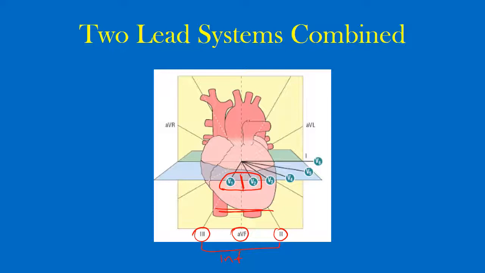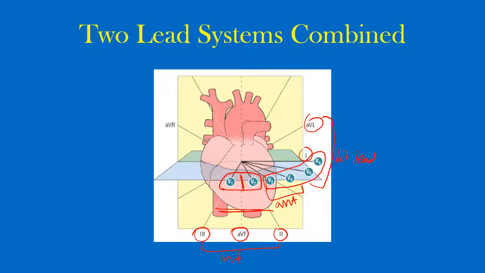Now what if you have changes in leads 1, AVL, and then V3, V4, V5, and V6? Well, let's look at this. V3 and V4 make up most of the anterior leads, right? And leads 1, AVL, V5, and V6, so we said these ones here, make up the lateral leads of the heart.